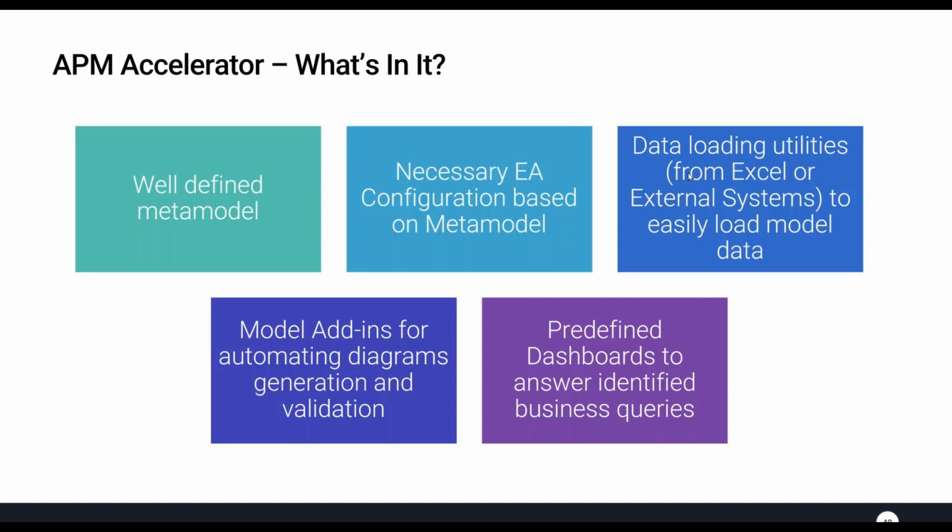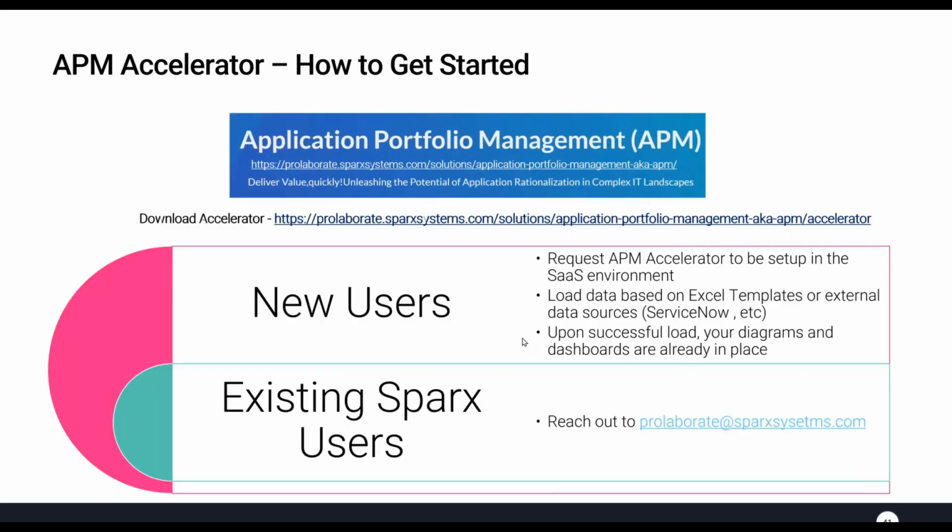Maybe not a data loading utility, maybe not an add-in, but a proper meta model that you understand, and the configuration that is based on your meta model, is in my opinion absolutely essential to get consistent models. And dashboards are your friend to success, to show to the end users. So even if you have an existing practice, that should not be a problem. You should be able to map your existing practice to what is suggested in this framework and see if you could reap the benefits as well.